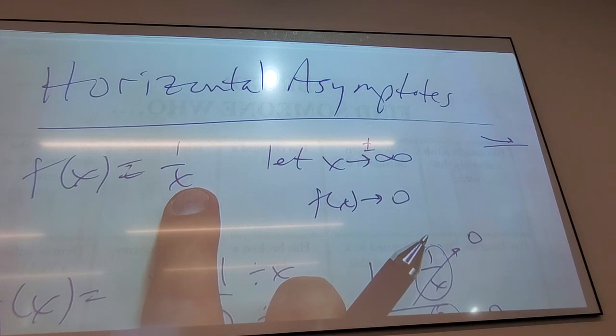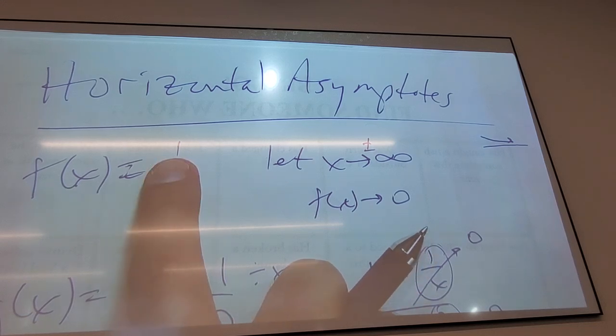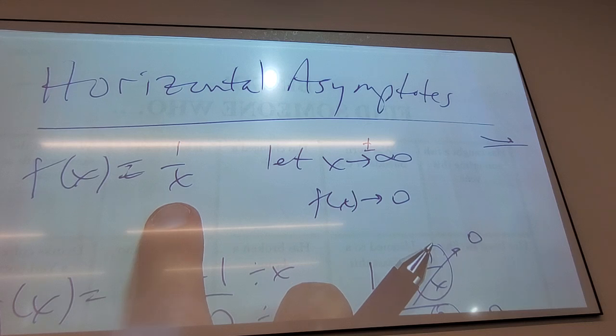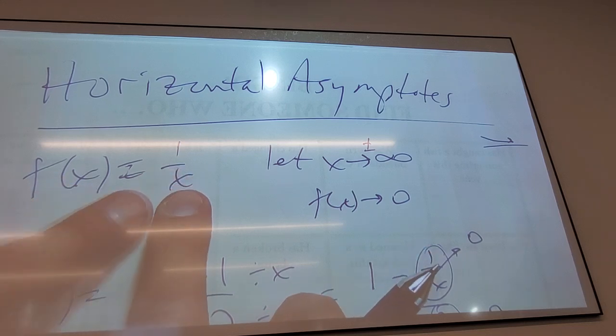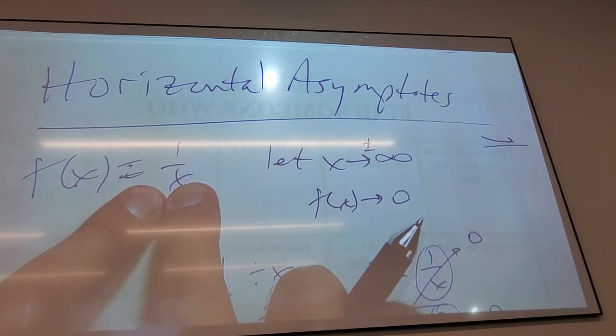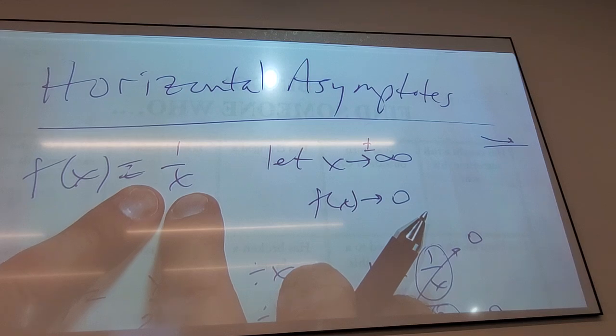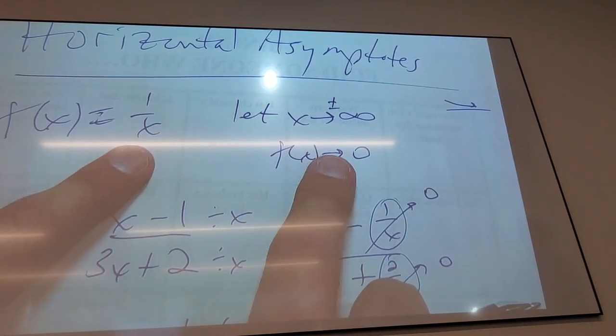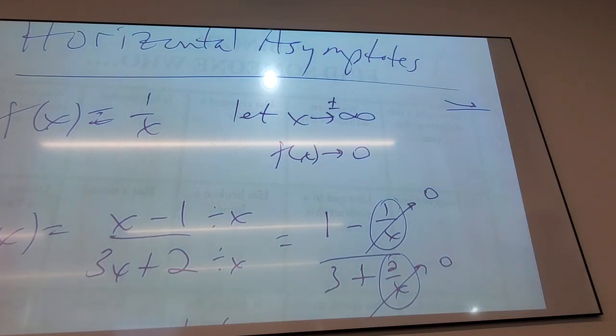The number of variables I see. I see 1 here, none here. So what has the larger degree? The bottom. So the bottom, obviously in this problem especially, grows faster than the top. And when that happens, I'm going to go to 0 because the bottom is going to grow faster than the top. I'm dividing by bigger. I get small. I go to 0.